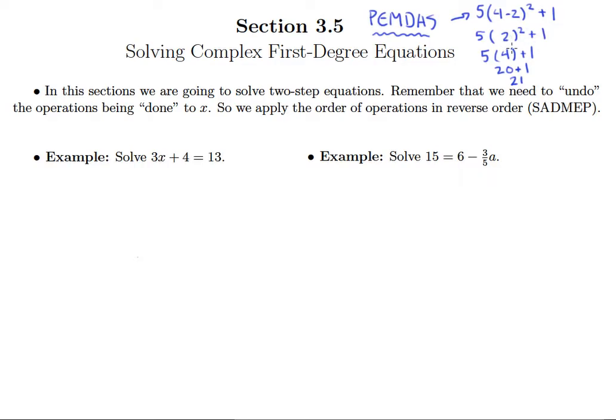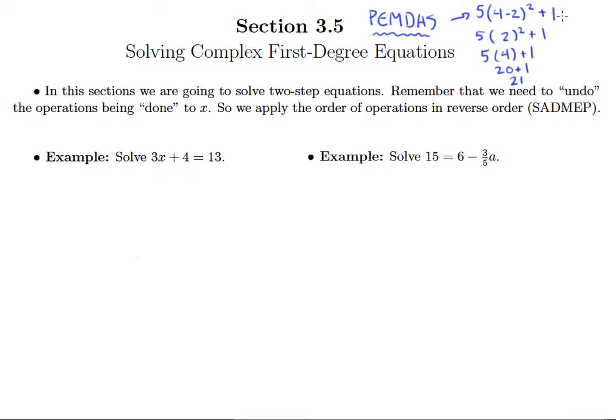Well, one way to think of solving an equation is that you are undoing the things that are being done to x. Okay? So you're undoing it. So if I was to work this process backwards, I would first undo the fact that I added, right? Then I would undo the fact that I multiplied. Then I would undo the fact that I applied an exponent.